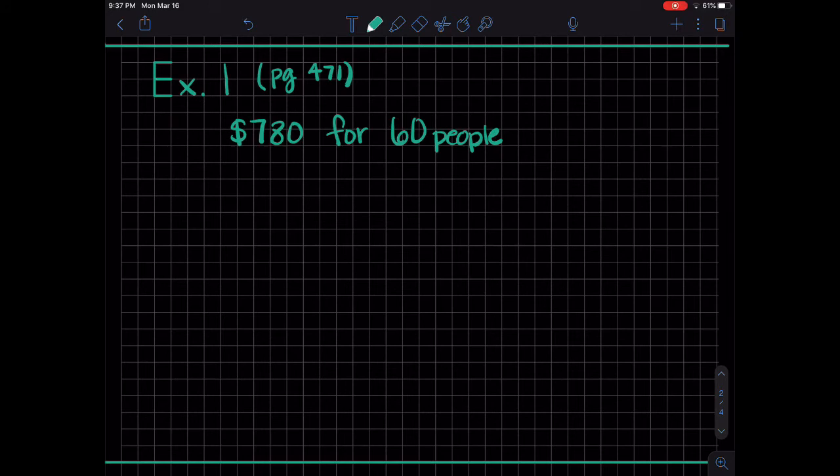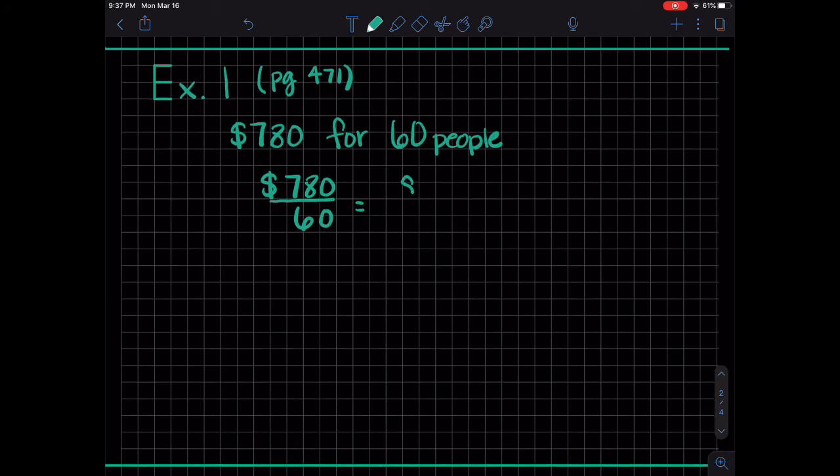We can look at this and see that $780 for 60 people gives us something we've called a unit rate before. If we take 780 and divide it by 60, this reduces down to $13 per person.